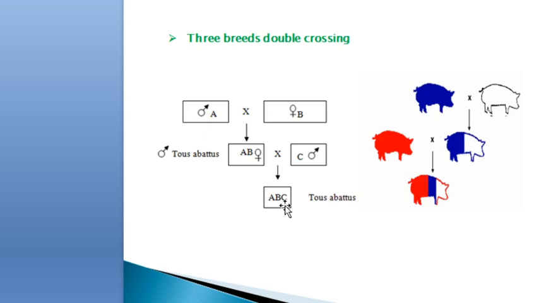So here you see there is a maximal heterosis with the combination of the three breeds. So we see here that there may be a challenge to conserve the three parental lines. This needs extra pastures or housing facilities or farms. This is also very demanding in terms of space, time, and resources.